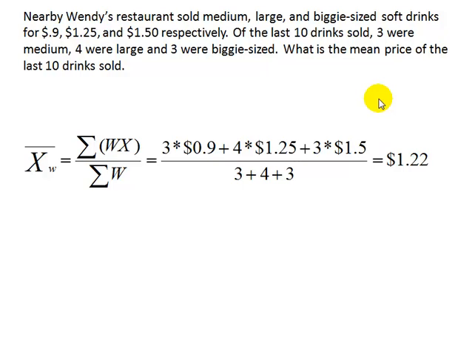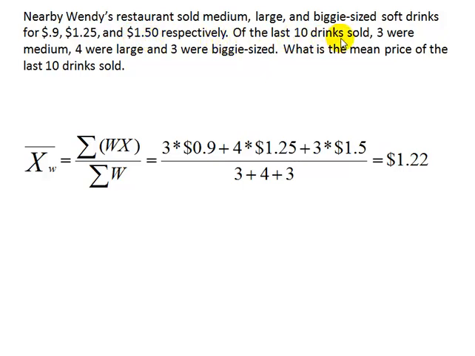Next, I want to show you what the weighted mean is. Weighted mean is a special case of arithmetic mean. It occurs when there are several observations of the same value. What does that mean? For example, a nearby Wendy's restaurant sold medium, large, and big-sized soft drinks for $0.90, $1.25, and $1.50 respectively.